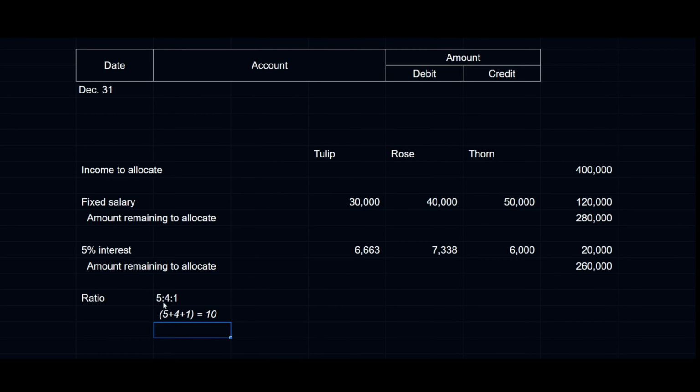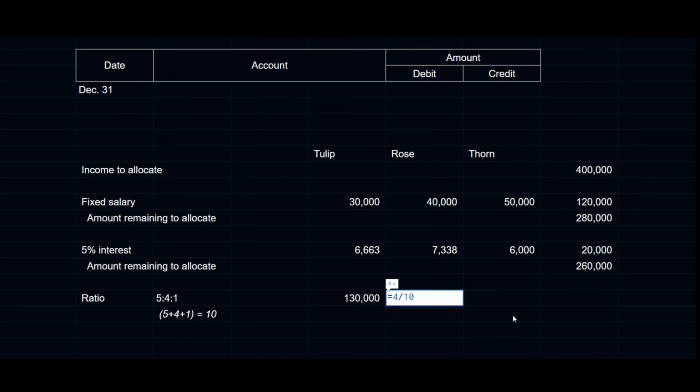So Tulip will get 5 over 10, Rose will get 4 over 10, and Thorn will get 1/10. So let's do this. 5 divided by 10 multiplied by the 260,000 that's remaining. That's 130,000.